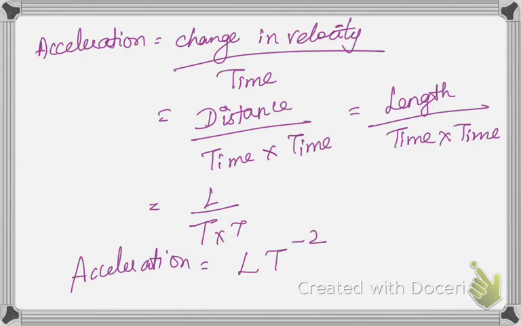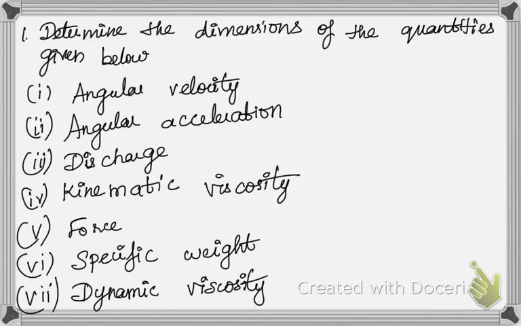So let us see some of the dimensions we will derive. Determine the dimensions of the quantities given below. There are 7 different quantities given below, and we are going to derive dimensions for each and every quantity.